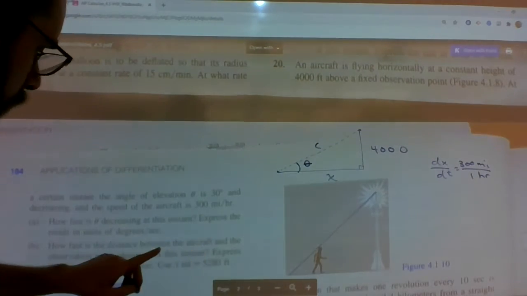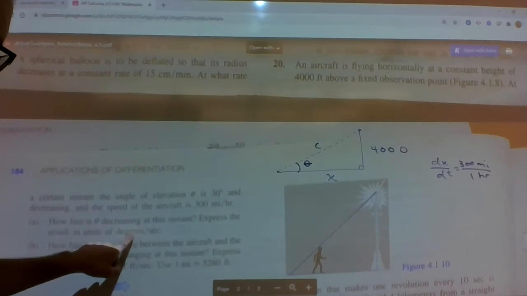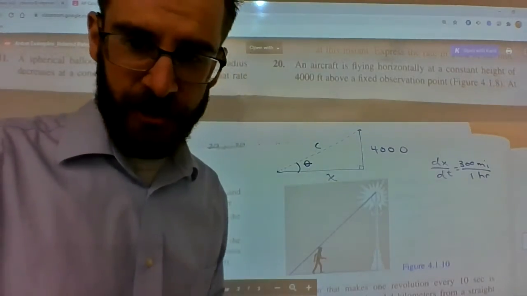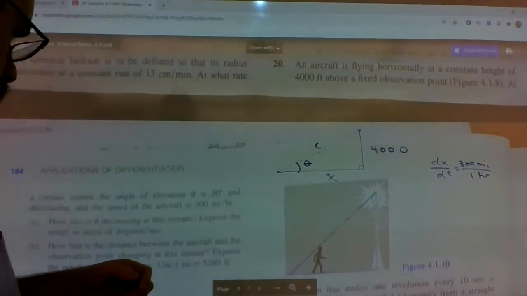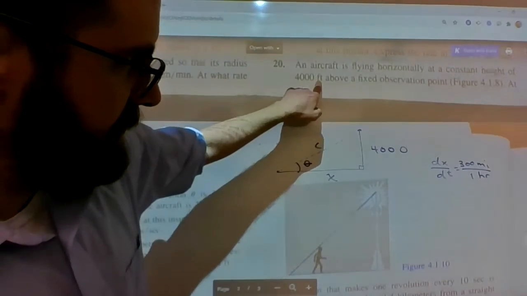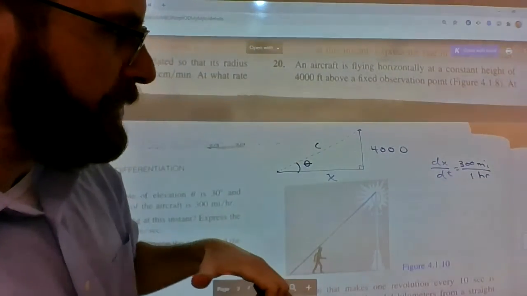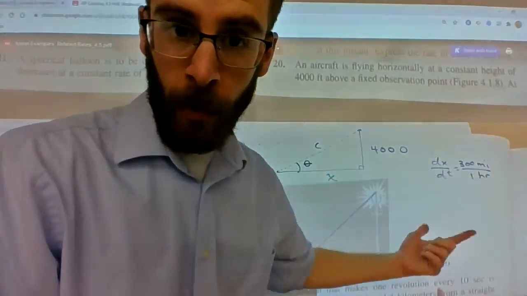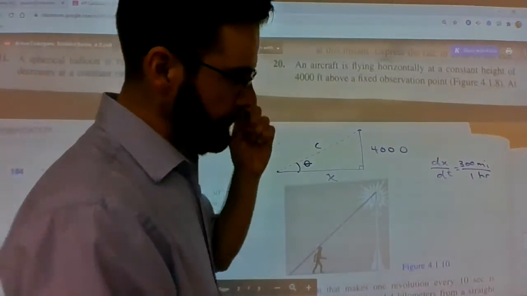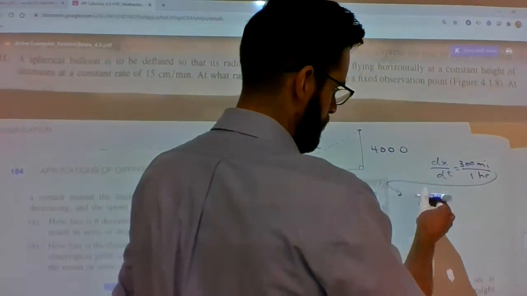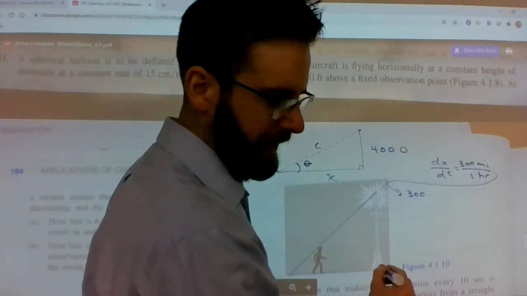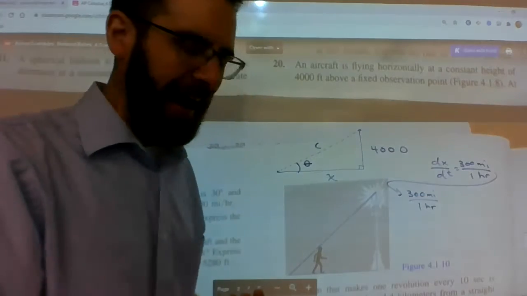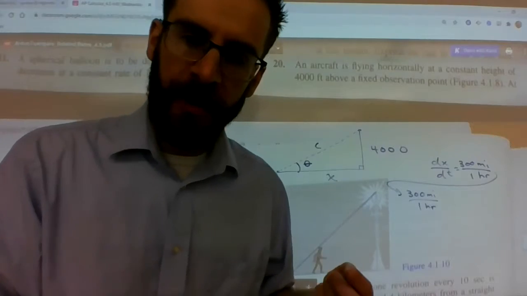Now, noticing right away, they want our final result in degrees per second, and we have 300 miles per hour. Perhaps it's a good idea to just change that to feet per second so that we can get the same measurements for our 4,000 feet, our 300 miles, and our 1 hour. To do that, I'm going to do some dimensional analysis, which is just a fancy way of saying I want to get rid of the hour units and replace them with seconds.